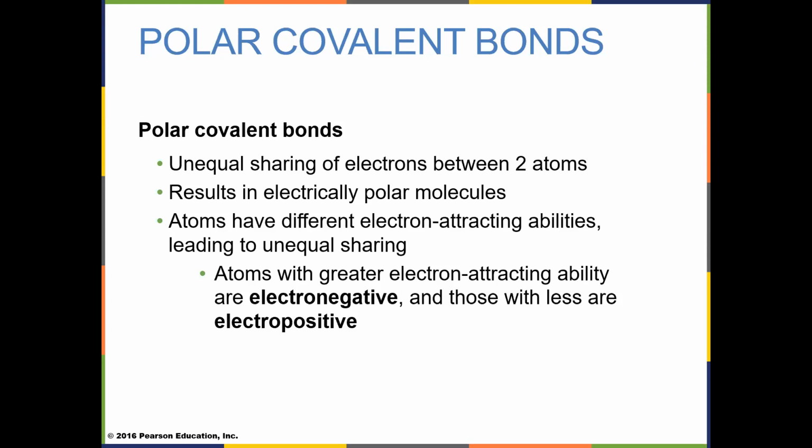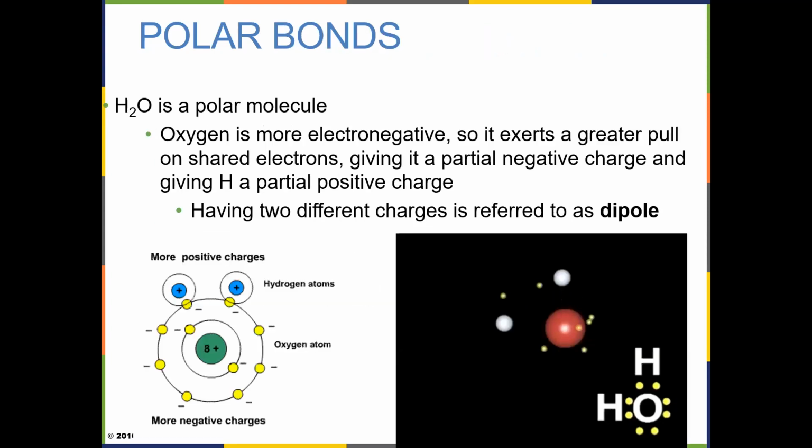So we have a polar molecule with a positive and a negative end. Hydrogens are on the positive end of the water molecule, and oxygens are on the negative end. So we get unequal sharing. Polar covalent bonds. Again, water molecule.